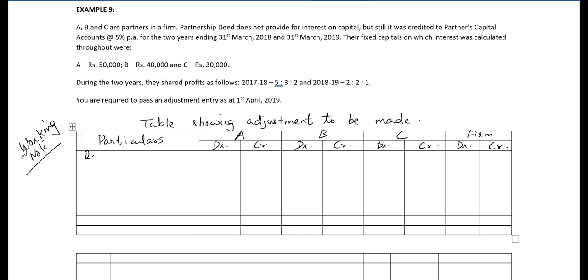So reverse IOC. And the year for which we are reversing is the first year, 2017-18. For reversing IOC, we need to debit the partner and credit the firm. The rate of IOC is 5% per annum. A's IOC is 2,500.